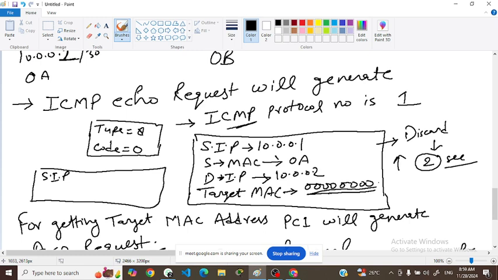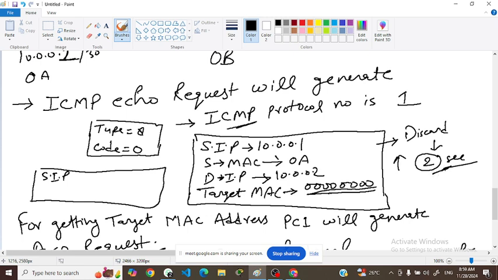So without knowing the destination MAC address, the ICMP protocol cannot work. What is the packet life of an ICMP packet? Only 2 seconds.